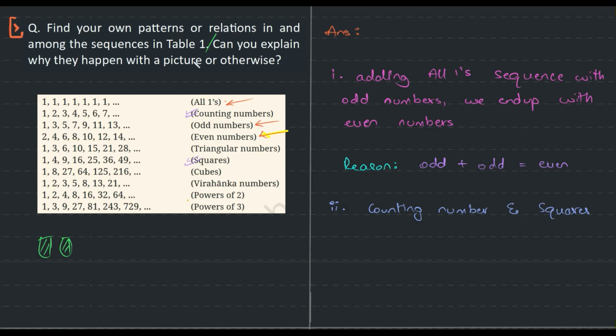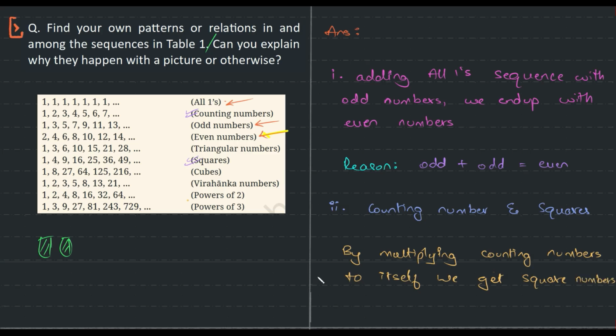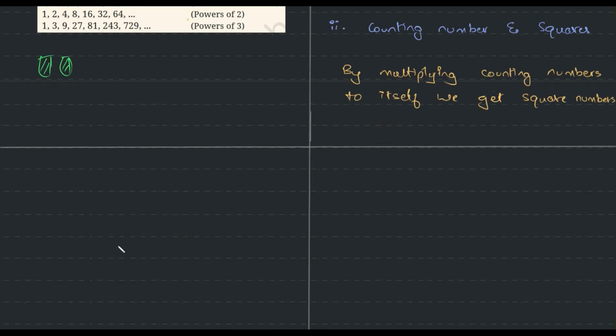Find your own pattern, okay, by multiplying counting numbers to itself, we get, let me use simpler language, we get square numbers. Right? A number multiplied by itself is the definition of a square number.